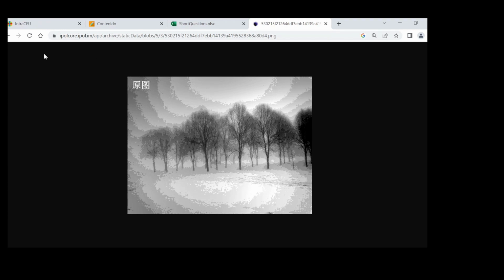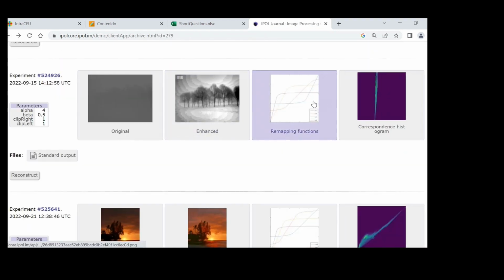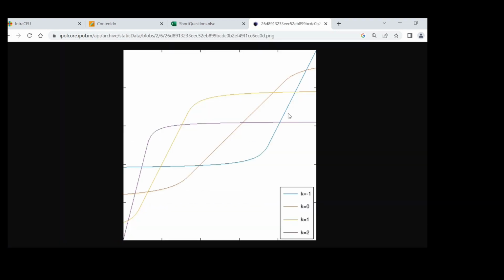And how do I do that? I have to apply some transformation. These are my remapping functions. You would have to read the paper to understand what this K is. There's a parameter K in the algorithm, and you try to understand what it is doing.